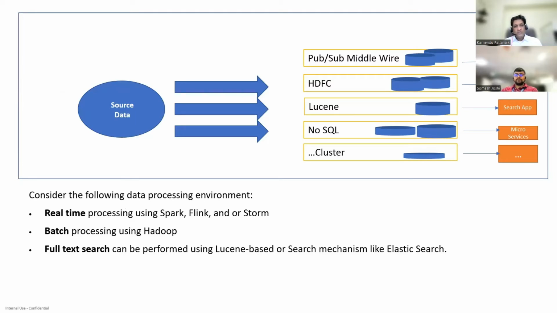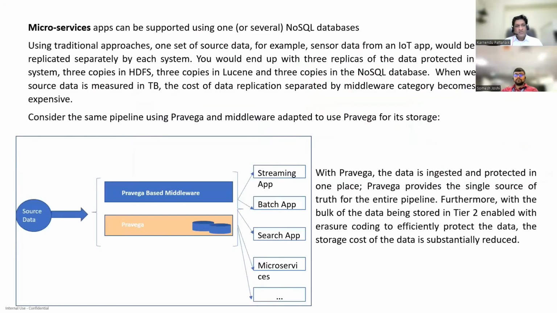Let's say for real time it is Spark and Flink, batch processing uses Hadoop, and Elasticsearch for full text search. Whereas in the case of Pravega, it is microservices-based apps, and the source data can go directly to Pravega, and from Pravega to different streaming and batch applications, where it can be processed.